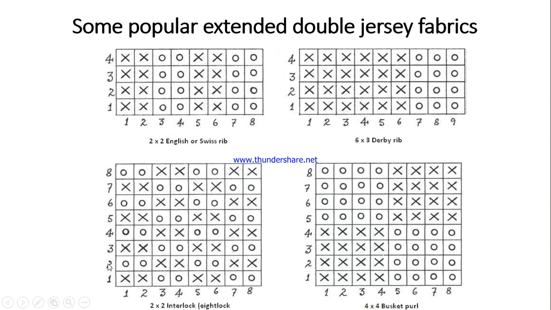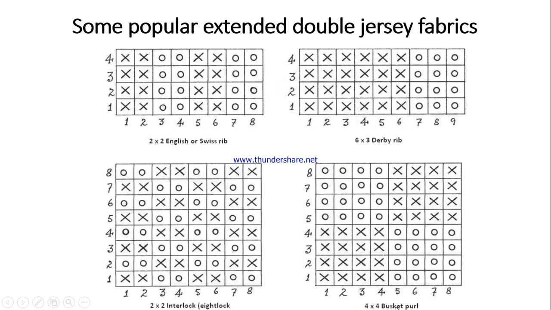They combine to form a single course in an interlock structure. So in interlock structure, the two blocks are together to prepare a course. This is the 2x2 eight-lock structure. In case of 1x1 lock structure, there will be the alternation of 1 face and 1 back, whereas in case of 2x2, there will be 2 face and 2 back.